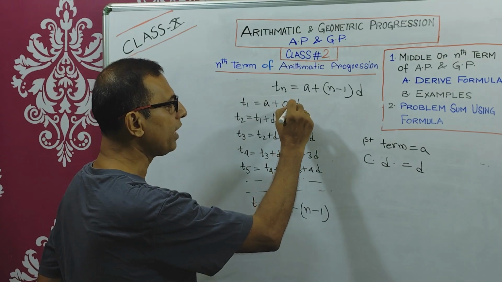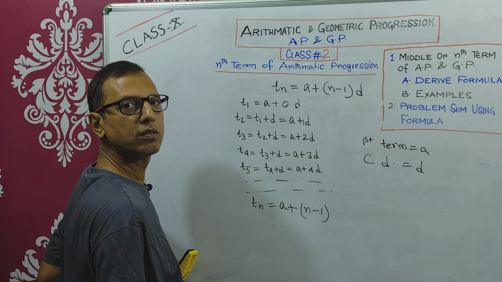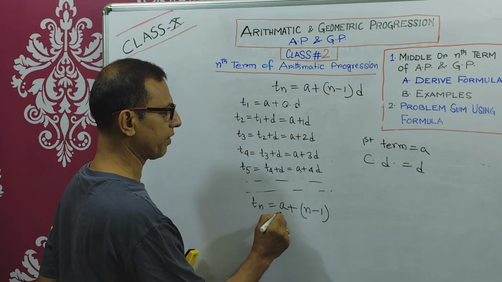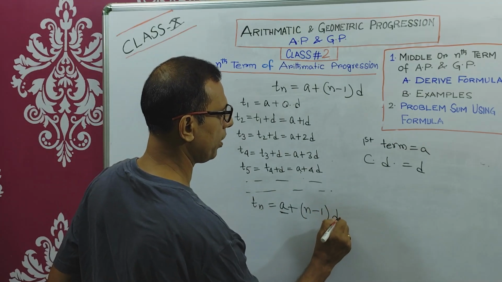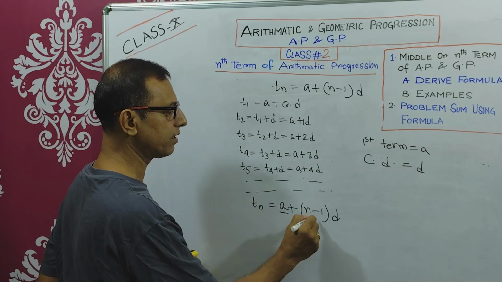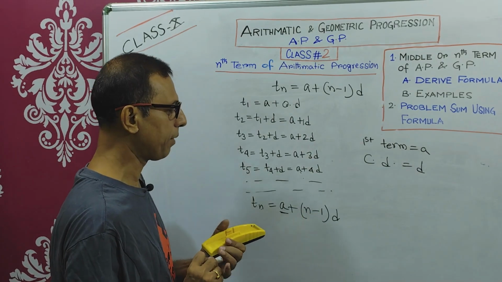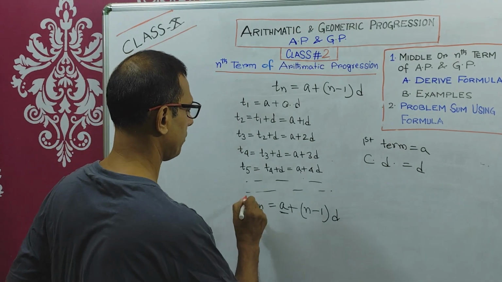So the only varying part is the multiplier of d. a is fixed everywhere, so I write a. And d, here it is d. Only the multiplier of d starts from 0 for the first term. For the nth term, it will be n minus 1. So therefore the formula will be a plus n minus 1 into d. So this is the formula.